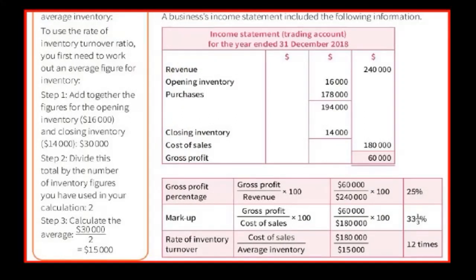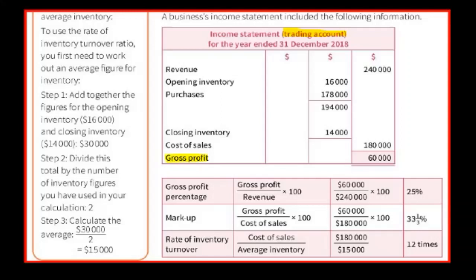We want to look at a worked example now. This is an income statement, the top half only, the trading account, and notice it finishes at the gross profit here. Anything under the gross profit would be the profit and loss section.